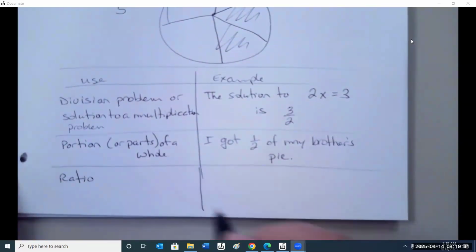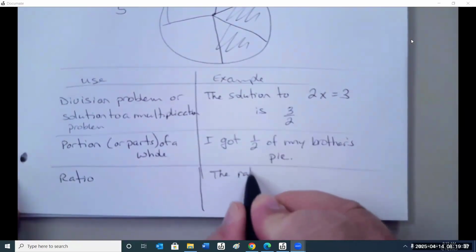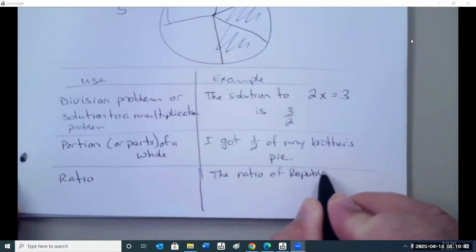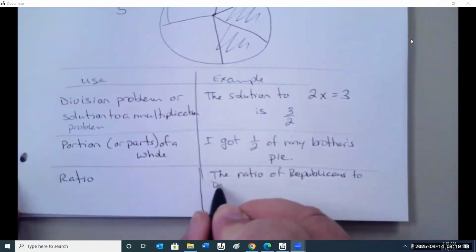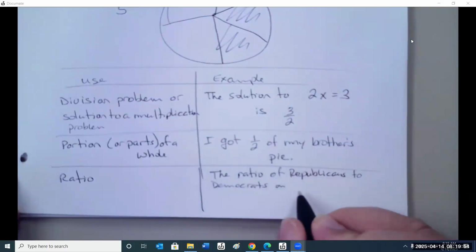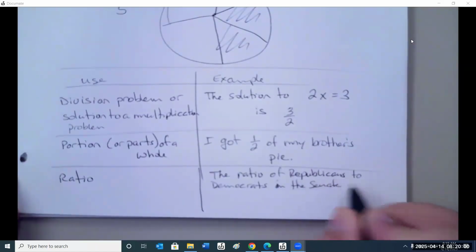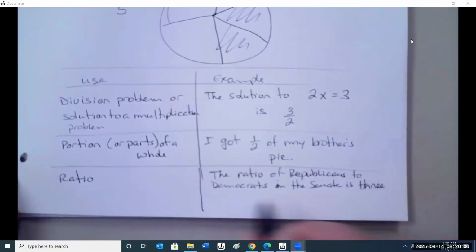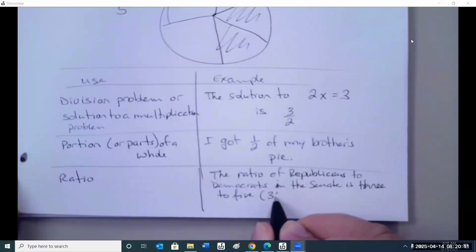It could be a ratio. The ratio of Republicans to Democrats in the Senate is 3/5, or it could be written as 3 to 5.